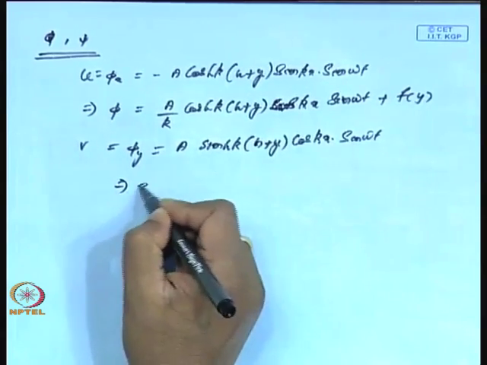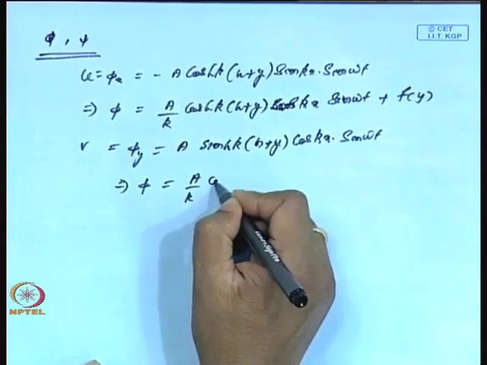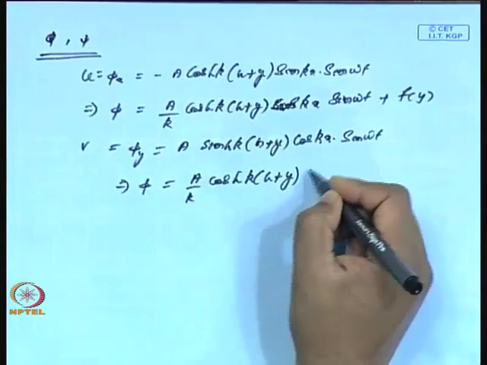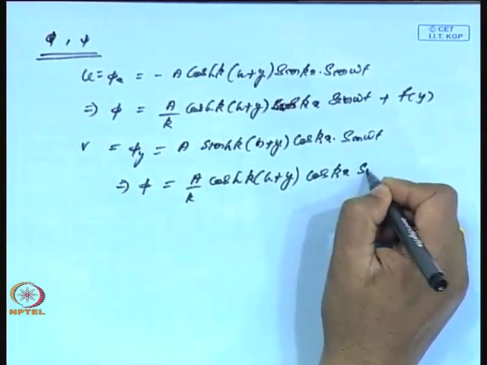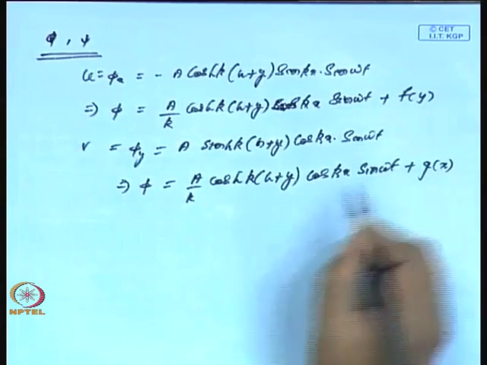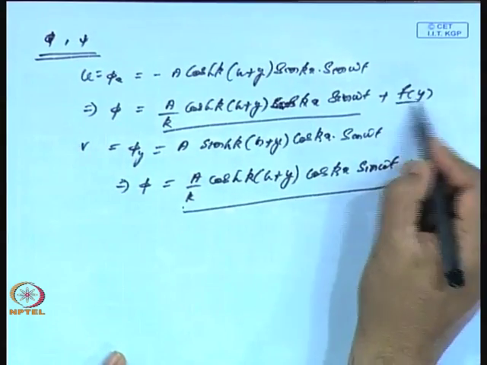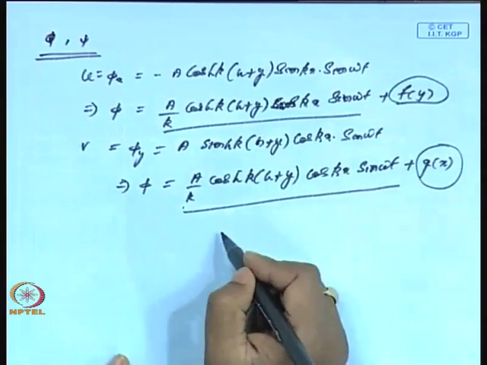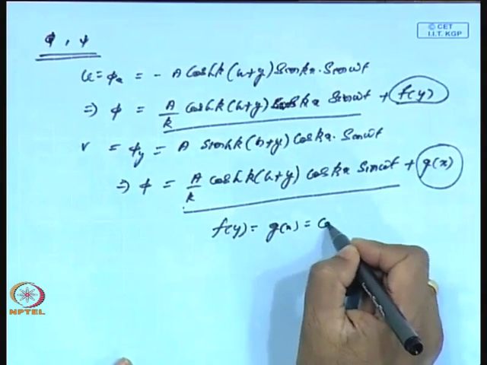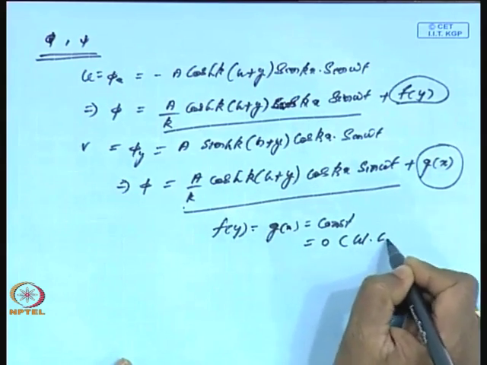This implies my phi becomes, taking the derivative with y, a by k cosh k into h plus y into cos k x sin omega t, plus a function g of x, because this part is the same as the expression for phi. So, my f of y and g of x have to be equal to a constant, and that constant can be taken as 0 without loss of generality.